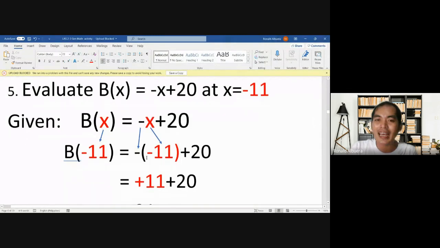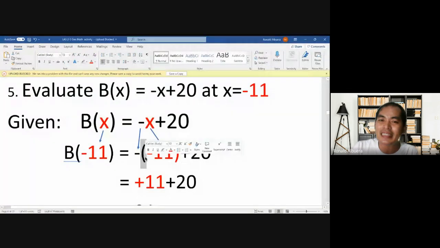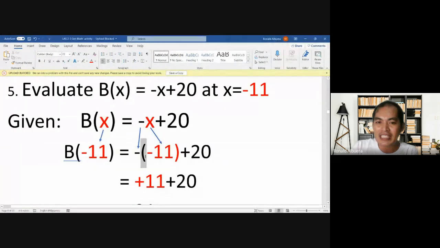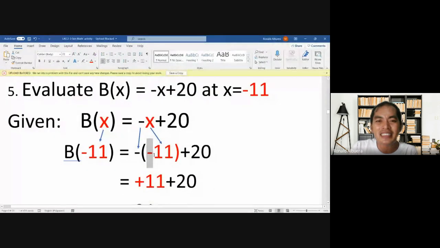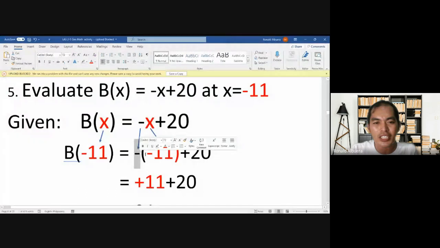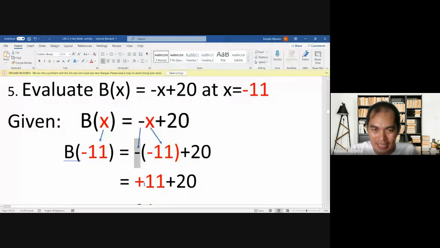I said, sabi ko nga, bawat parenthesis, ang isipin nyo dyan ay nagmo-multiply kayo. Pag walang sign sa labas, ang ibig sabihin, positive. In this case, may sign sa labas, meaning negative. Negative times positive is negative. Negative times negative is positive. Remember, in multiplication, multiplying the same sign, negative to negative, is positive.